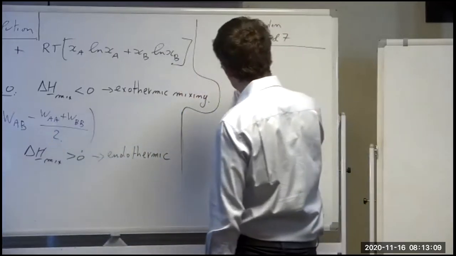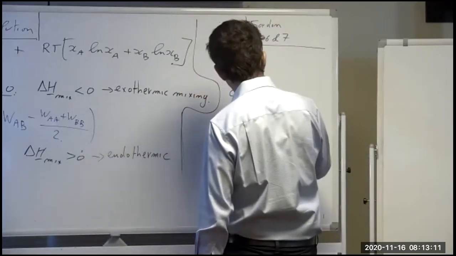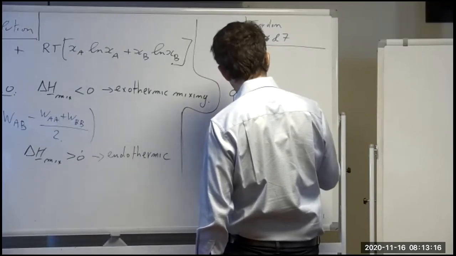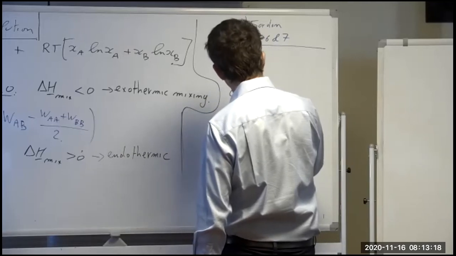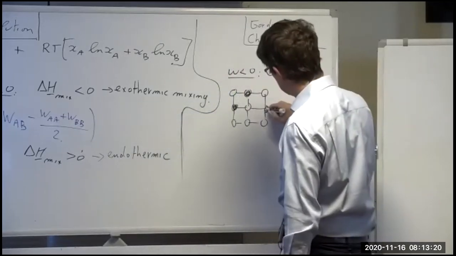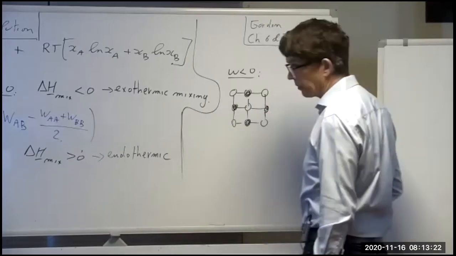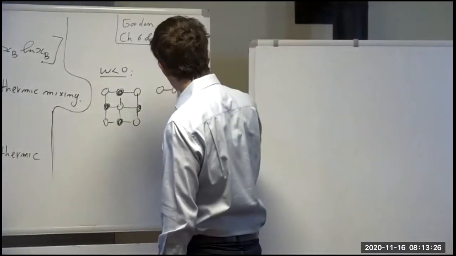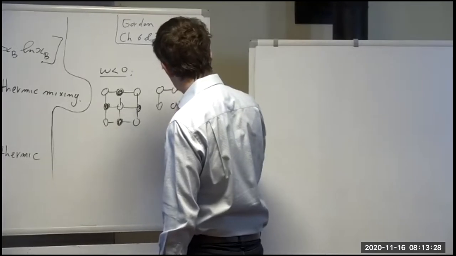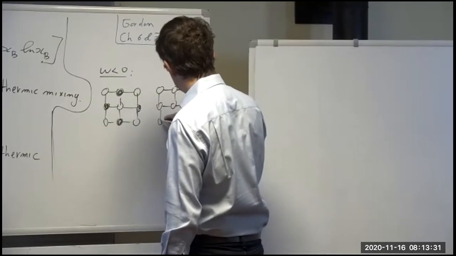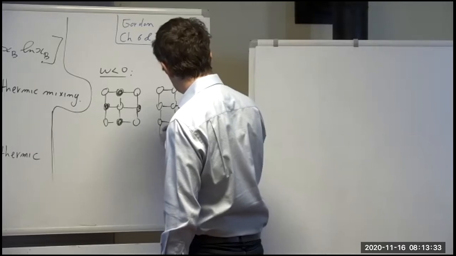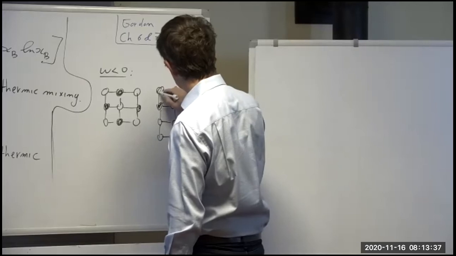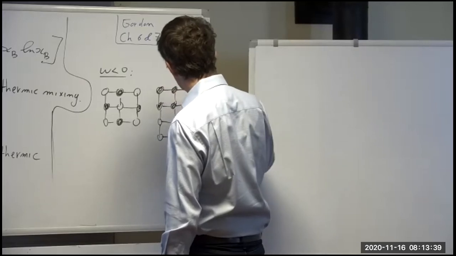So in that case, if I were to have a configuration like this, say where I alternate A and B bonds, that would be much more favored than, say, something where I phase separate them. So let's say I make two configurations on the lattice.